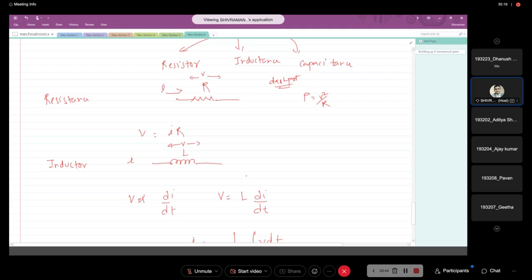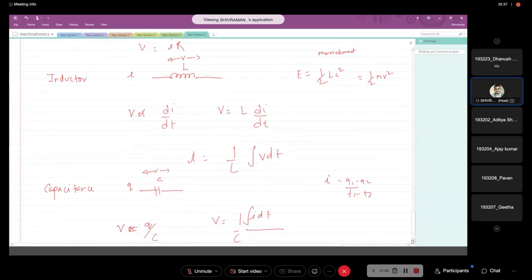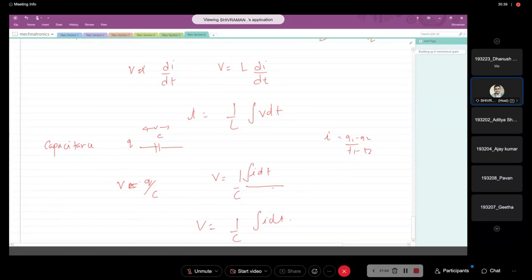Now the inductor is storing energy, and it is given by E is equal to half L i square. It is quite similar to half m v square, so it is analogous to the mass element. And next is your capacitor. For the capacitor the energy is also given as E equal to half C v square. That is the spring element.